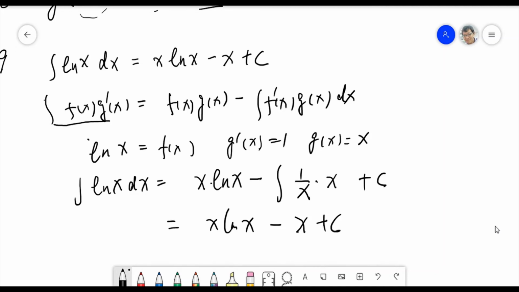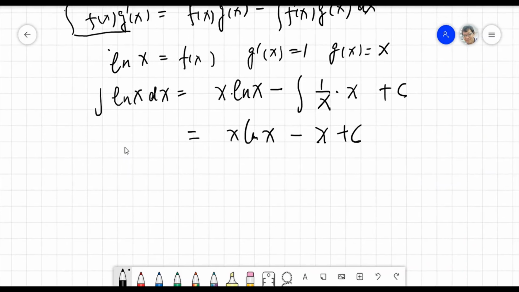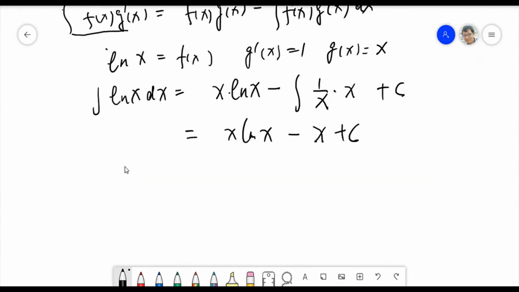Okay, so I'm thinking we still have a short time. Let's try to make use of integration by parts to see if it can really solve some questions or not. Okay, so let me think about an example.